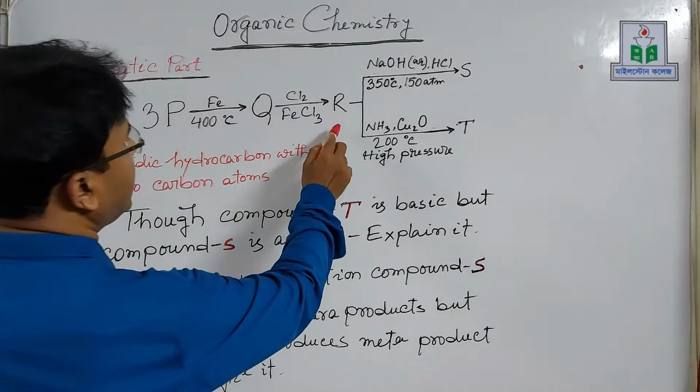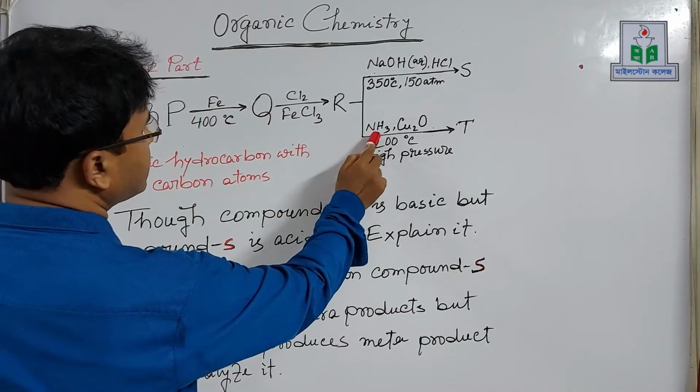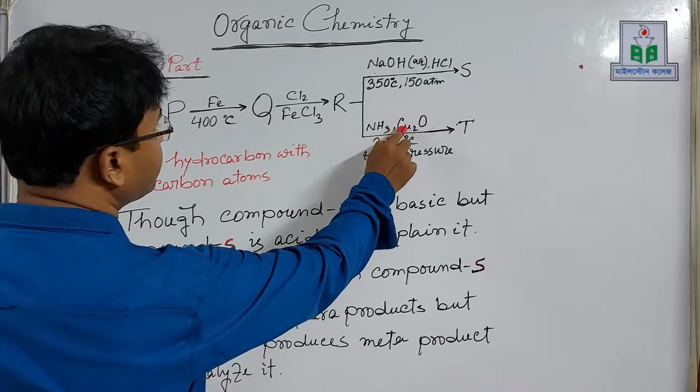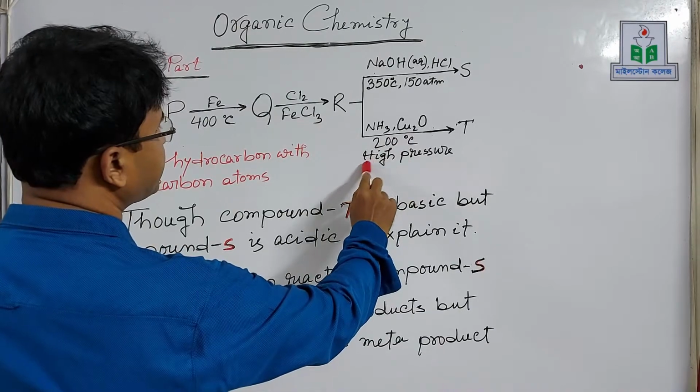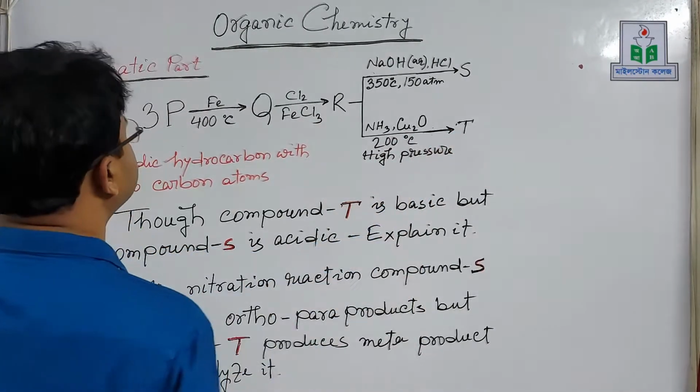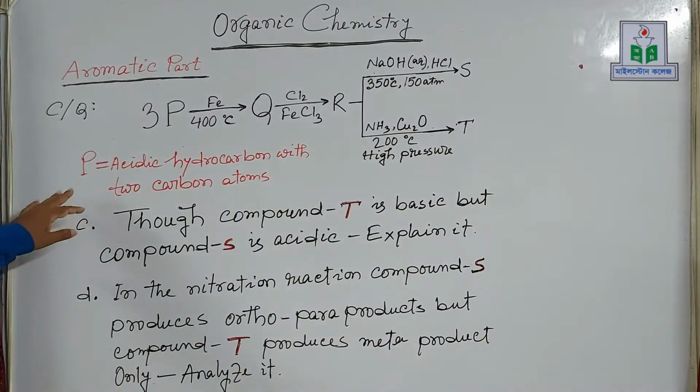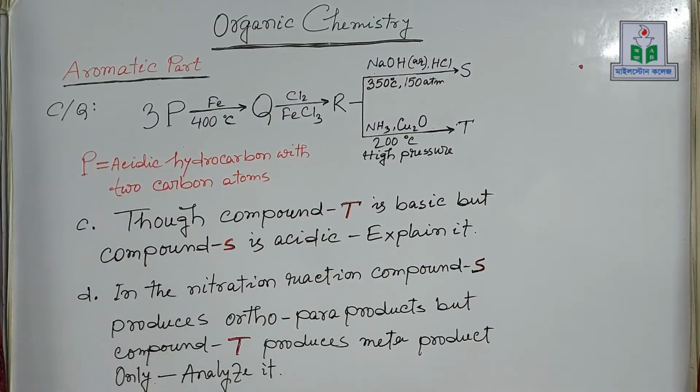Again R reacts with ammonia in the presence of cuprous oxide at 200 degree centigrade temperature and high pressure to produce T compound. Here P is acetic hydrocarbon with 2 carbon atoms.